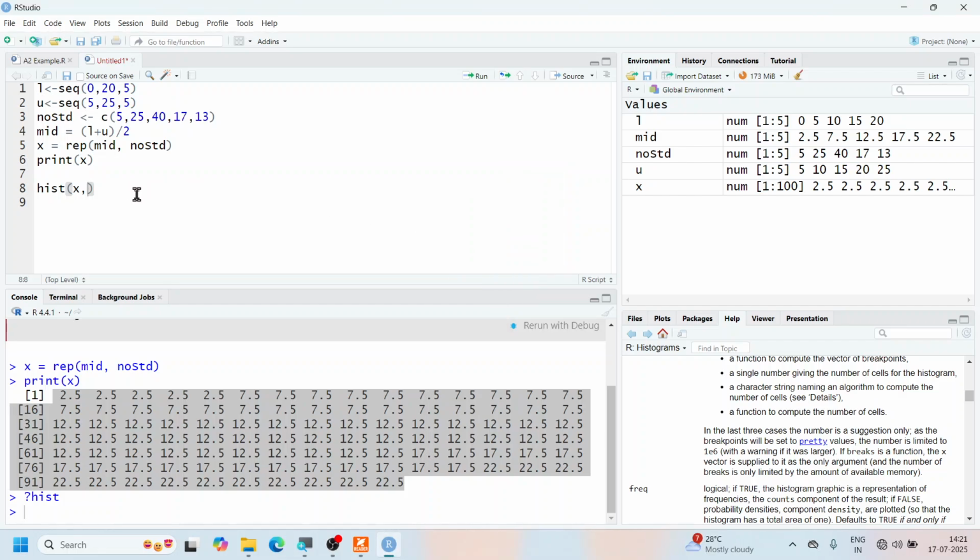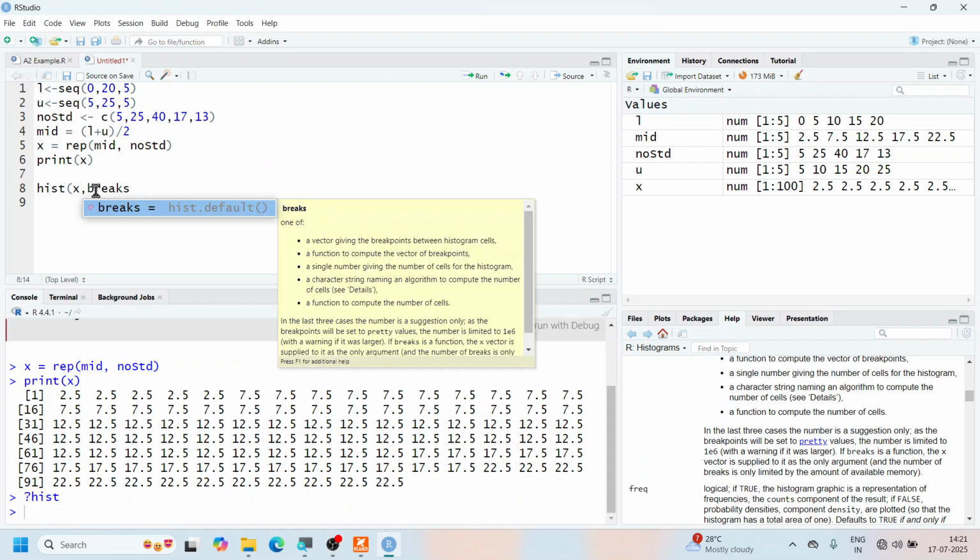I'm typing breaks. It gives the breakpoints between the histogram cells, between one cell and the other cell, you know very well. The histogram will look like this is one, then the next will come like this, and they are touching.